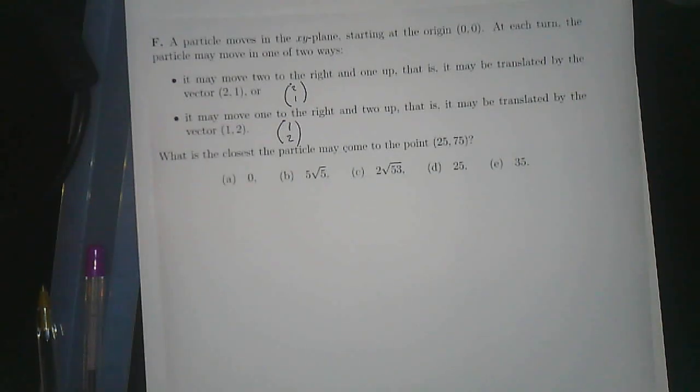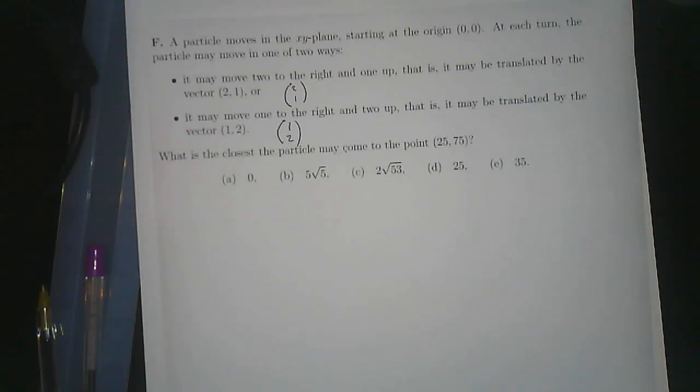So, first observation is that the extremities will be such that you either go 1 up and 2 across, or you go 1 across and 2 up and keep going.